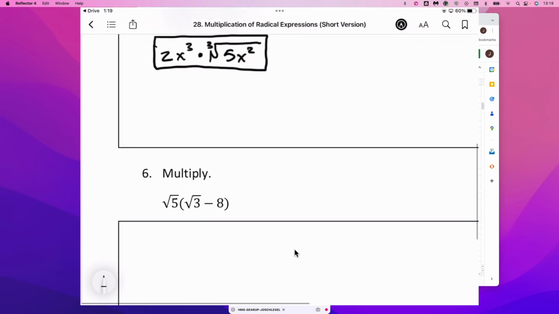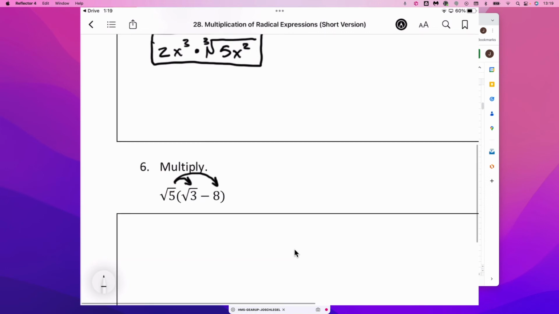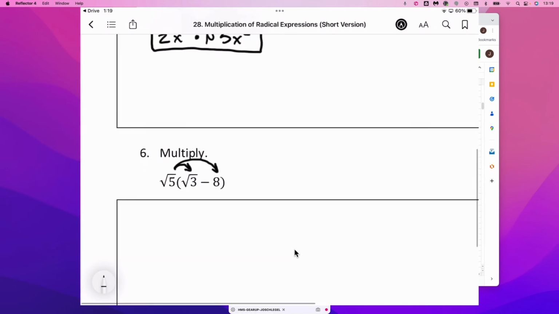Number 6, distributive property. Square root of 5 times square root of 3. Square root of 5 times negative 8. So we will have, let's just write it out, square root of 5 times square root of 3. I prefer to put plus here all the time. Square root of 5 times negative 8.